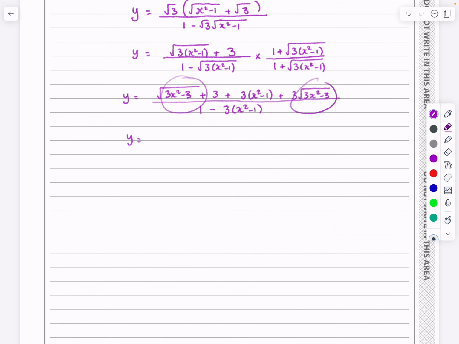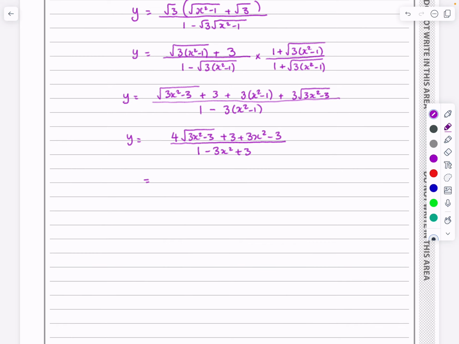These two are the same term here. So if I've got one of them plus 3 of them, that's 4 lots of 3x squared minus 3. Then I've got plus 3x squared minus 3. Well, that looks nice. And on the bottom here, I've got 1 minus 3x squared plus 3.